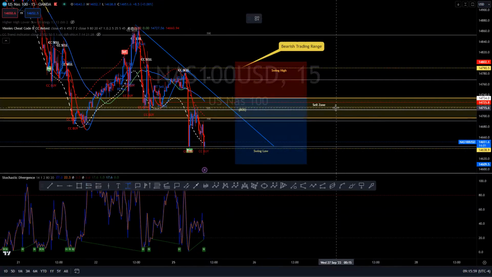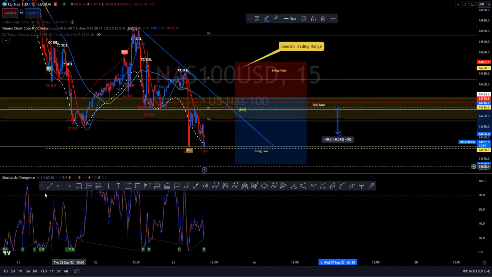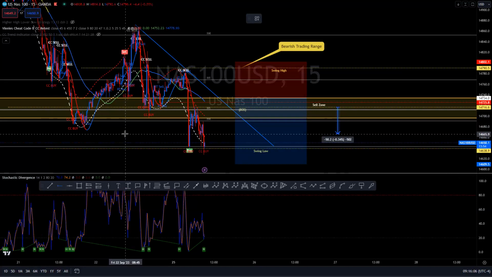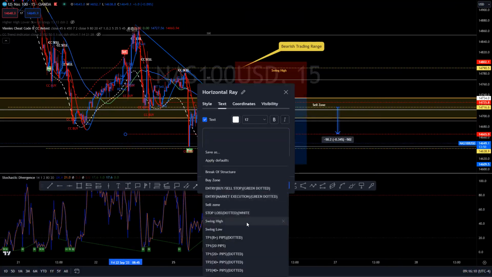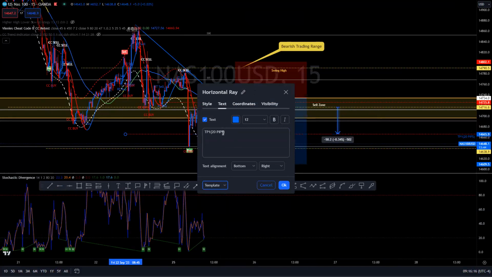So if price goes all the way up into this area, then I want to get at least 500 points. There's the horizontal here at TP1.